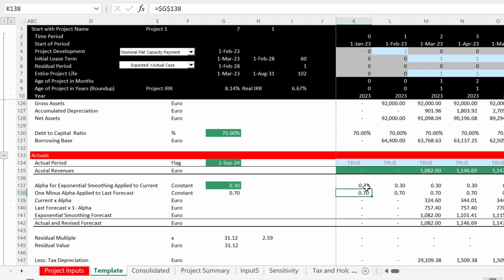Exponential smoothing. All you do is take the last forecast and multiply it by 0.3, and then you get a weighted average between the last forecast and the current value.